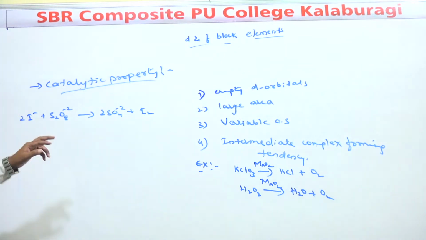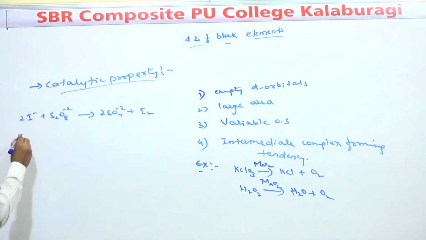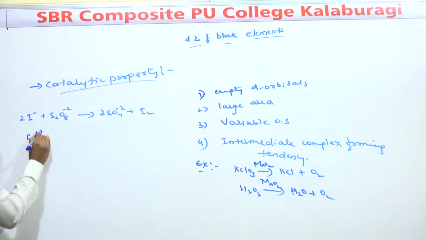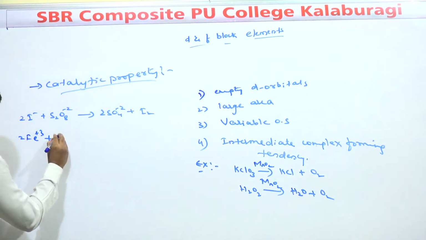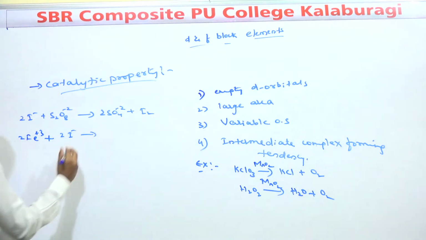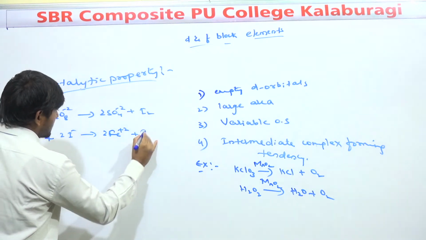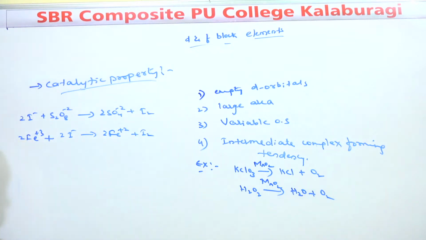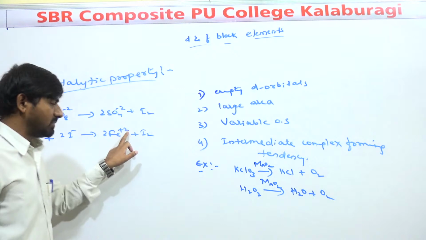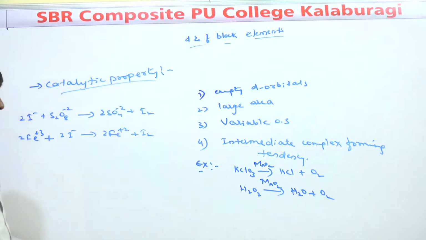This reaction completes in two different steps. In the first step, two ferric ions combine with two iodide ions and convert into ferrous ions, and an iodine molecule is evolved. See, when iron is in the plus 3 oxidation state, it is called ferric, and when it is in plus 2, it is called ferrous.